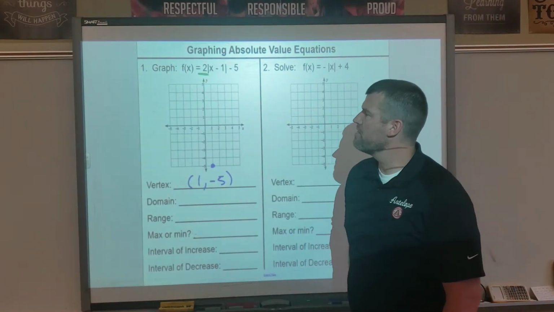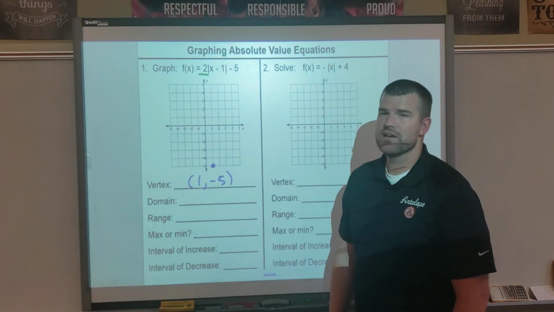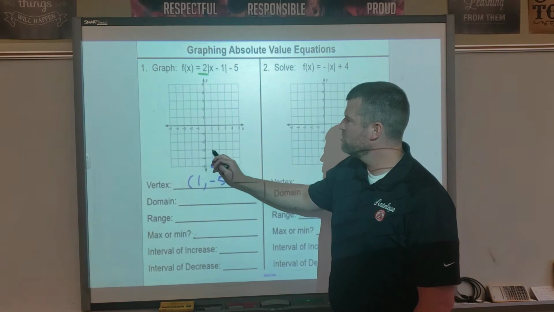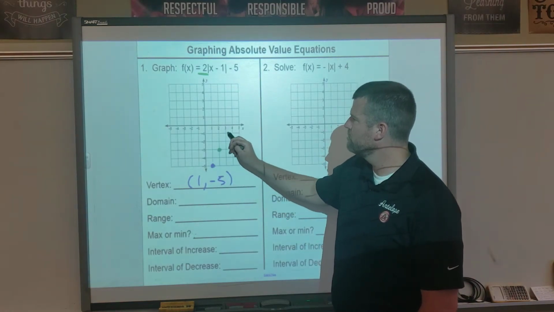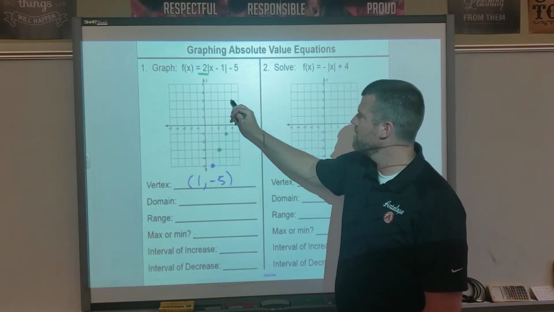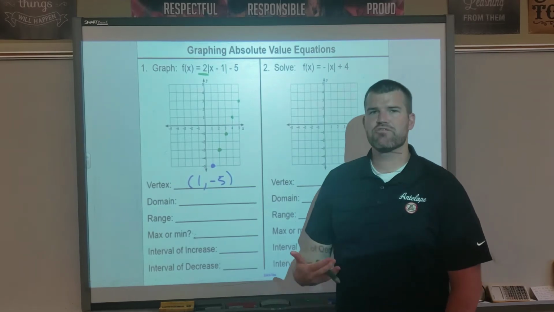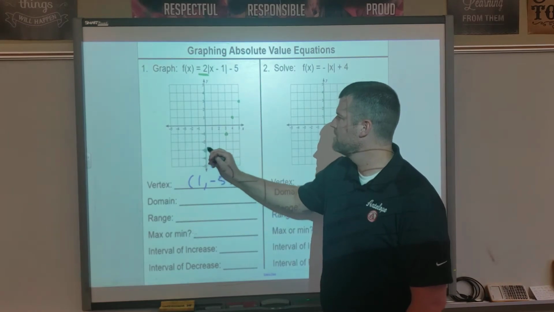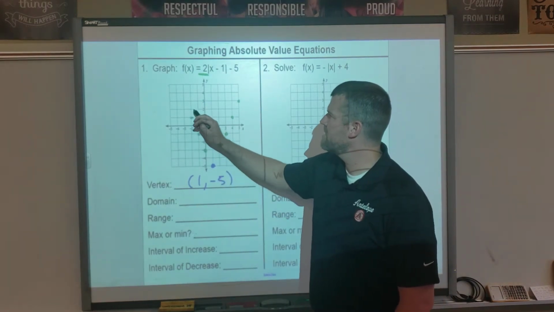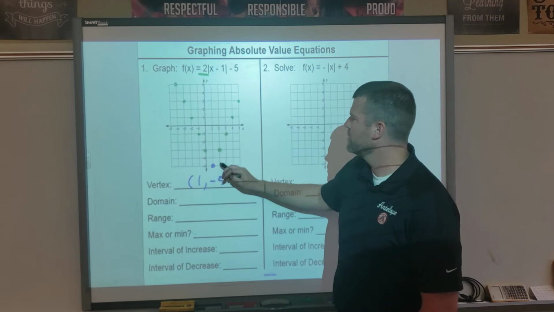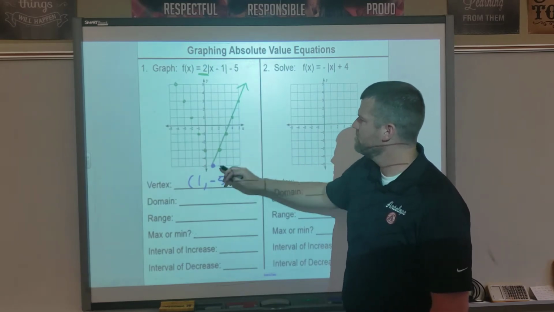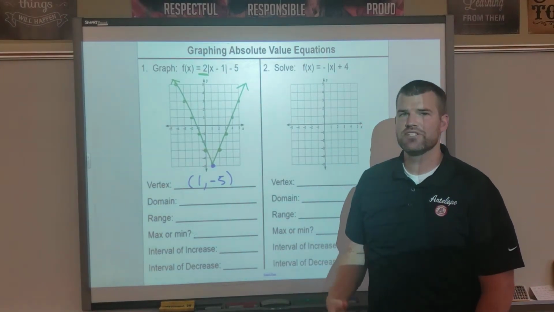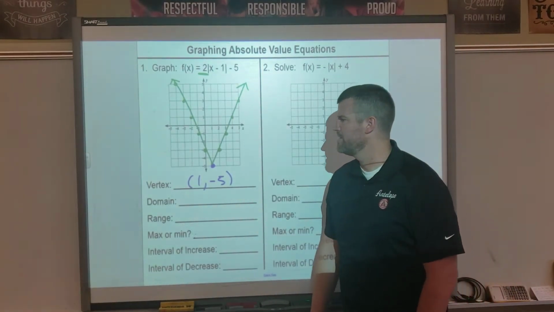The slope of the right side will be +2, so from the vertex, I'm going to count up 2 over 1, up 2 over 1, up 2 over 1. Then we reverse it to get the mirror image: up 2, backwards 1, up 2, backwards 1, etc. That is how we graph an absolute value equation. Find the vertex and then use the a value to tell you how much to rise and run.